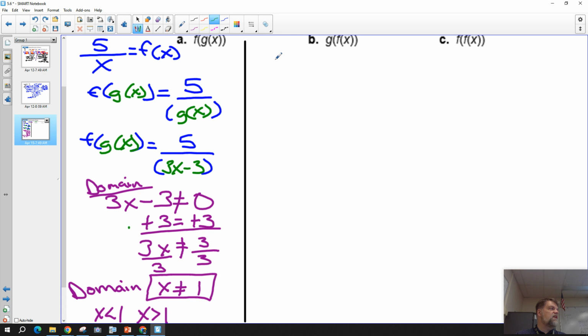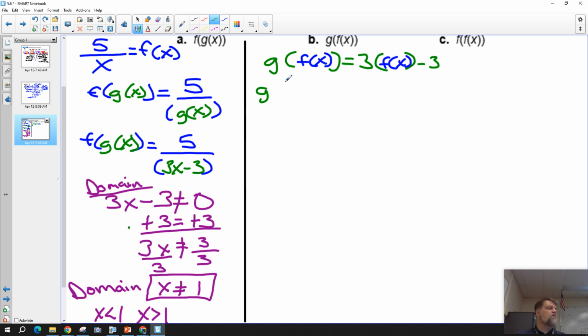So now for B, we're going to do g of f of x. Well, what was g? Well, g was 3x minus 3, right? But what was f? Well, we'll plug that in on the next line. We're just going to plug in f of x wherever there's an x.